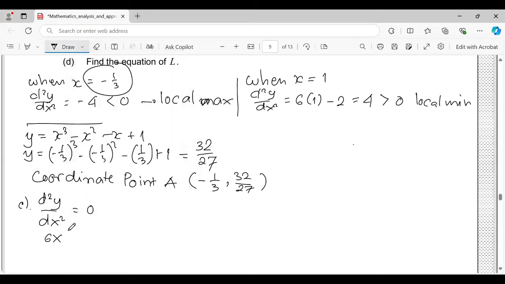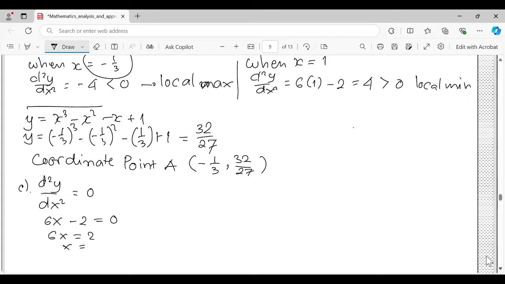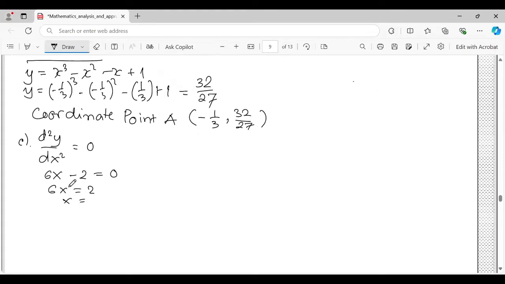The second derivative 6x minus 2 equals 0. So 6x equals 2 and x equals 2 over 6, or x equals 1 over 3. This is the coordinate x at point B.